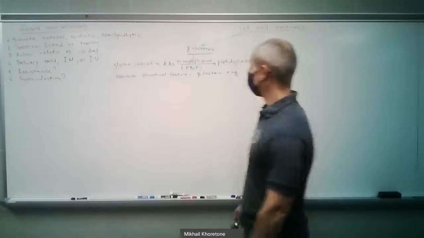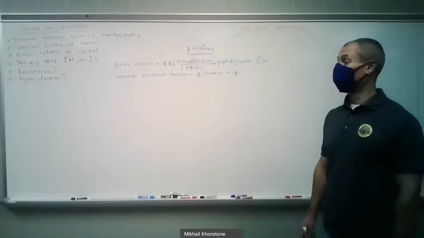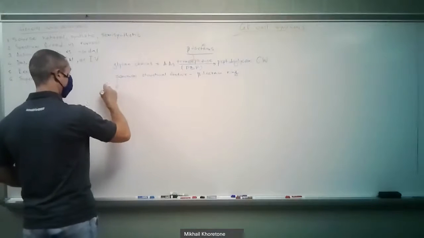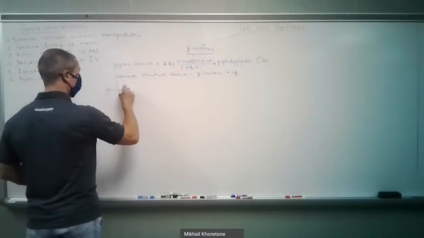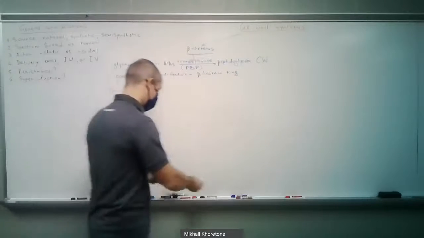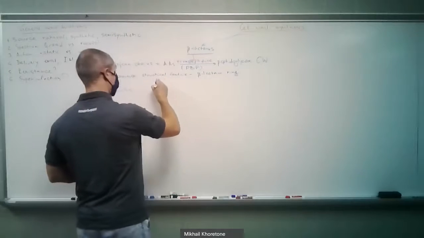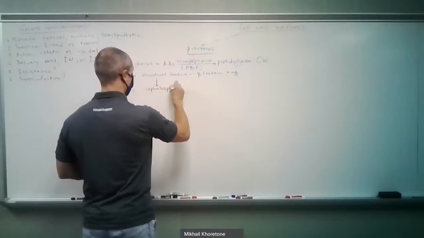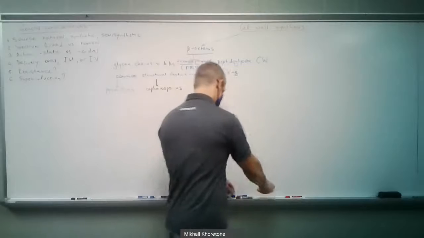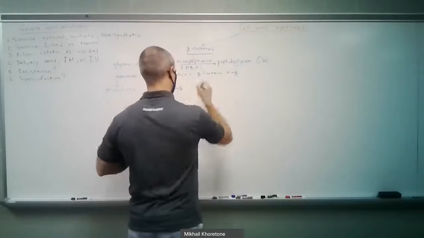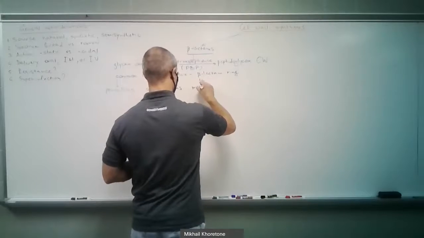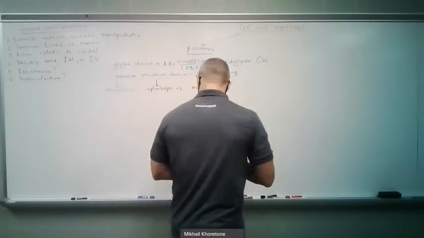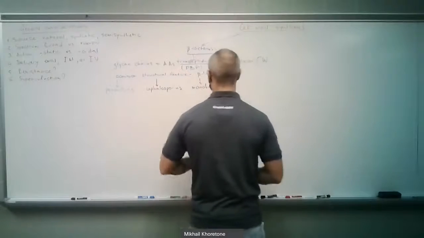So let's see what are main groups of beta-lactams. These main classes are penicillins, cephalosporins, monobactams, and carbapenems.